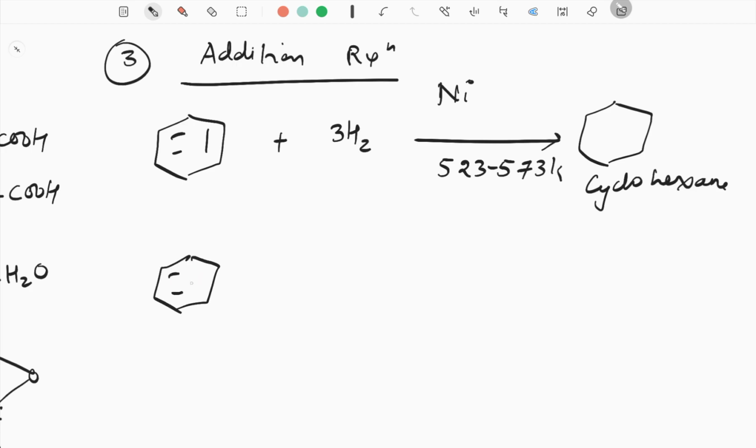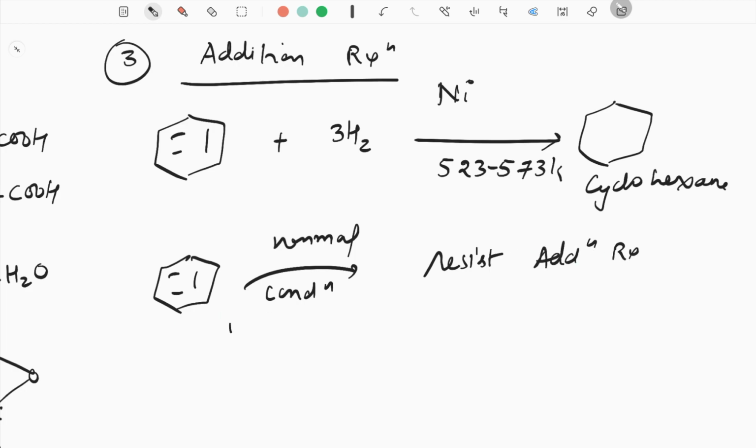Basically, benzene in normal conditions resists addition reaction, but under specific conditions they can do addition reaction as well.